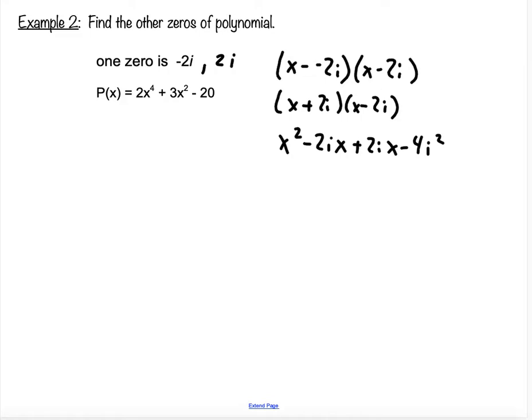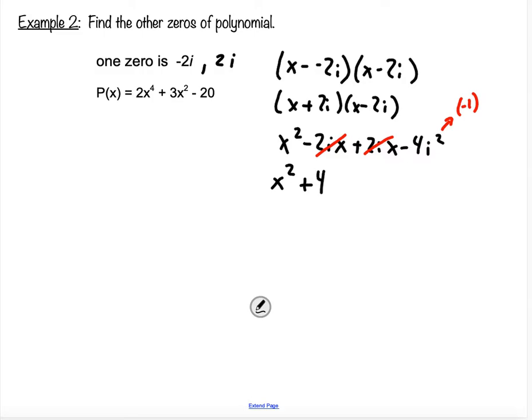The middle terms there cancel out. Don't forget that i squared has a value of a negative 1. So you're going to end up with a minus that is going to become a plus 4.